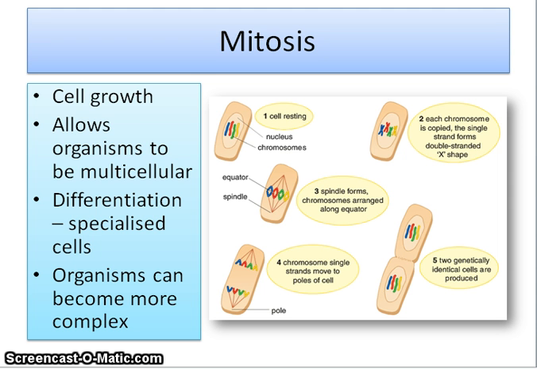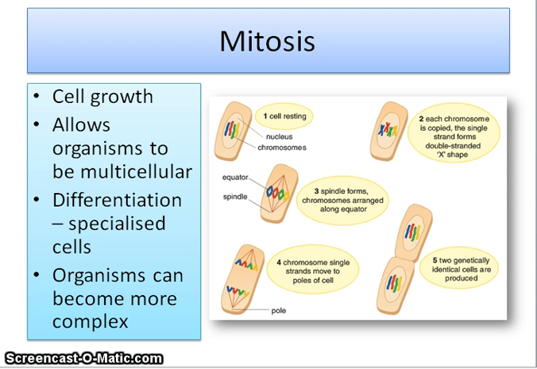And if you look at the diagram, you'll see that's exactly what's happened. So the cell's resting at the beginning, then each chromosome is copied, the single strand forms a double-stranded X shape, the spindle forms, the chromosomes are arranged along the equator, along the middle. The chromosome single strands move to the poles of the cell because the spindles pull them, and then two genetically identical cells are produced.